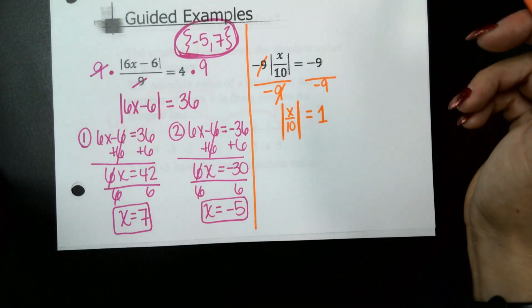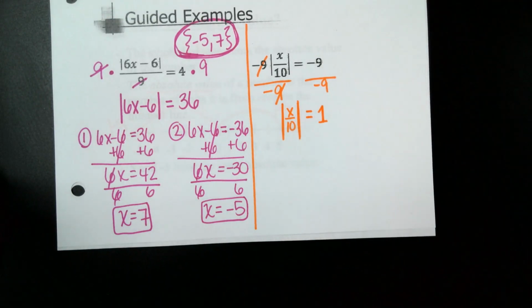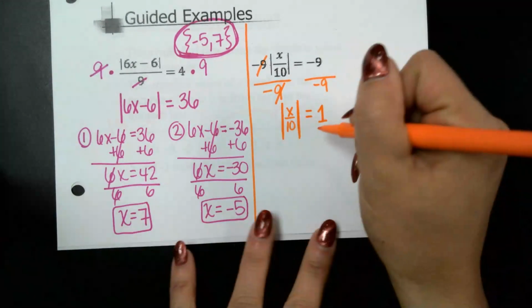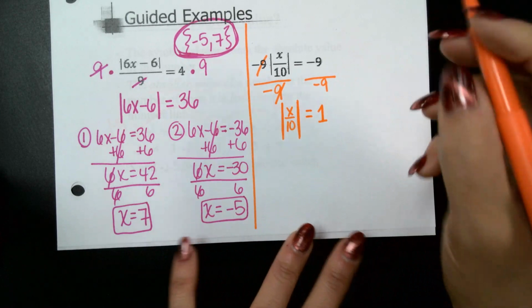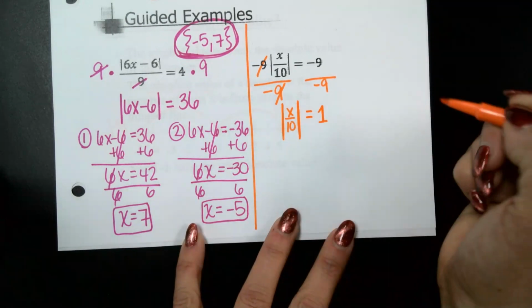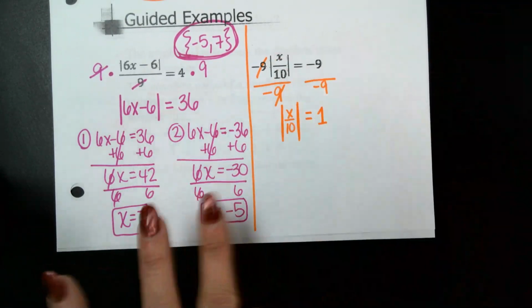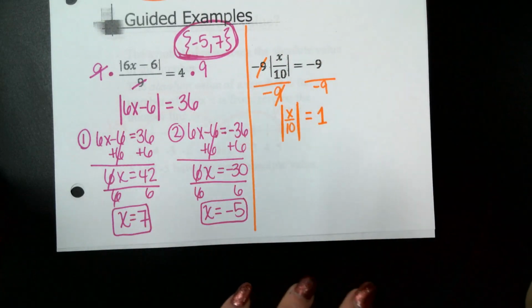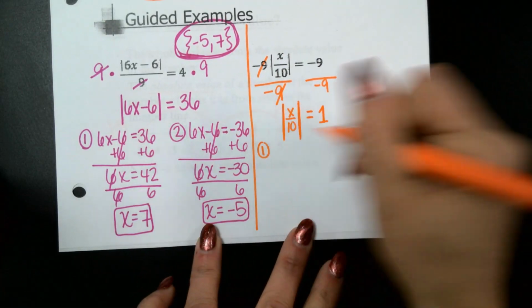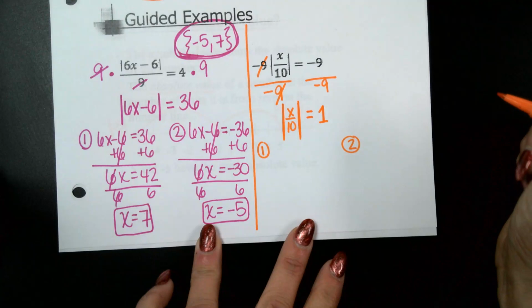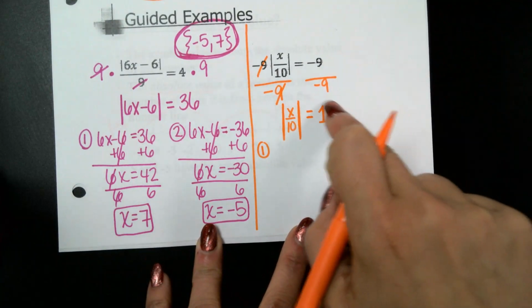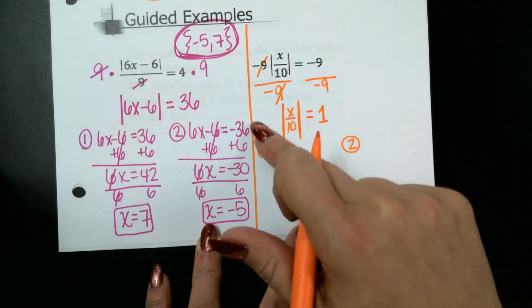All right. Now, I don't think that happens on your practice page, but I want you to be aware of that, okay? So now, the bars are isolated. What do we do? Well, we've got to separate them first. We've got to write our two equations, right? So one equation is going to look just like this, except there will be no bars.